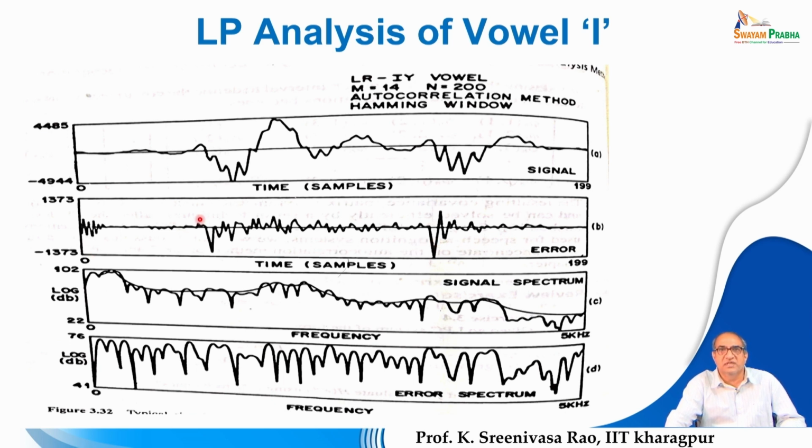At these places, whatever the amplitudes are, this is the corresponding error. So we can view this as a residual signal. It means the LP analysis is not able to properly predict the signal at these places, so this is the linear prediction residual signal.